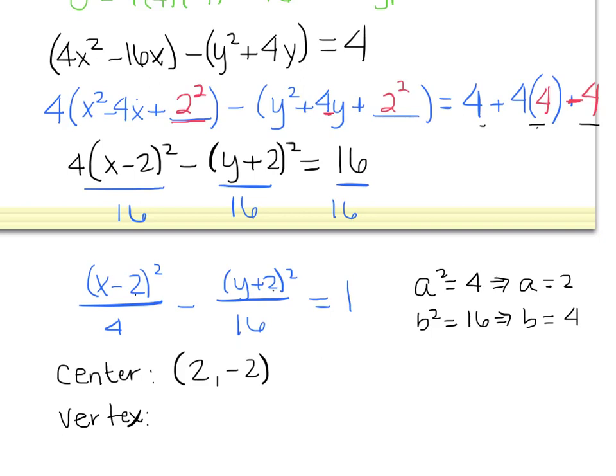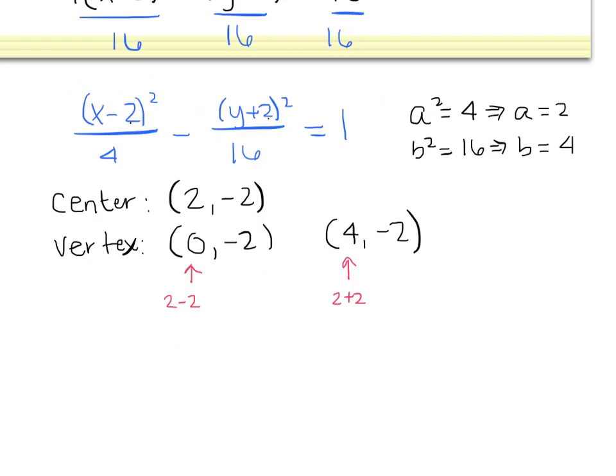I'm going to take and add and subtract my a value from the center. And because a falls under x, I have to add and subtract that to the x value. So I have one vertex point at 2 minus 2, which is 0, negative 2, and the other vertex point at 2 plus 2, which is 4, negative 2, sorry. So 4, negative 2.